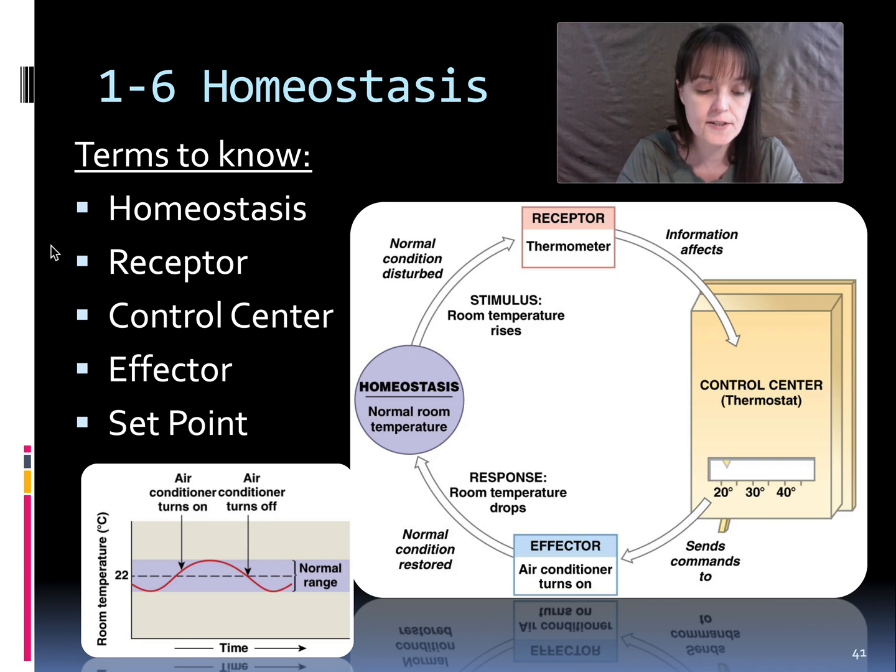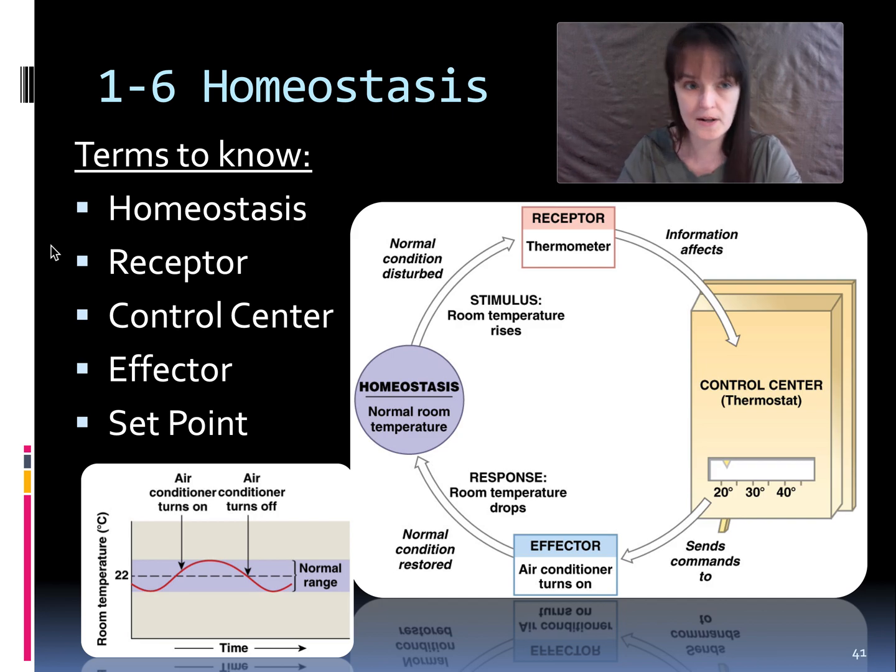The effector is cause and effect. The effector is a cell or organ that responds to the commands. It makes changes on orders from the control center. And then the set point is your desired value or range. And this is negative feedback, where you negate the original stimulus to minimize the change.